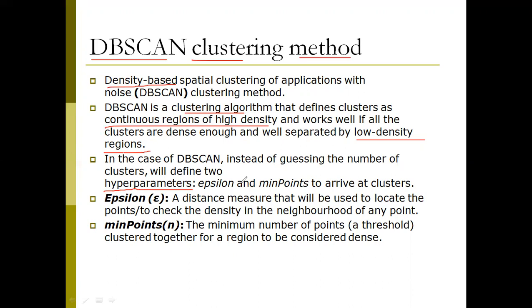No need to guess how many clusters we are going to make through the given data. No need of any kind of guessing. But if it is a k-means clustering algorithm, then we have to say how many clusters we need.